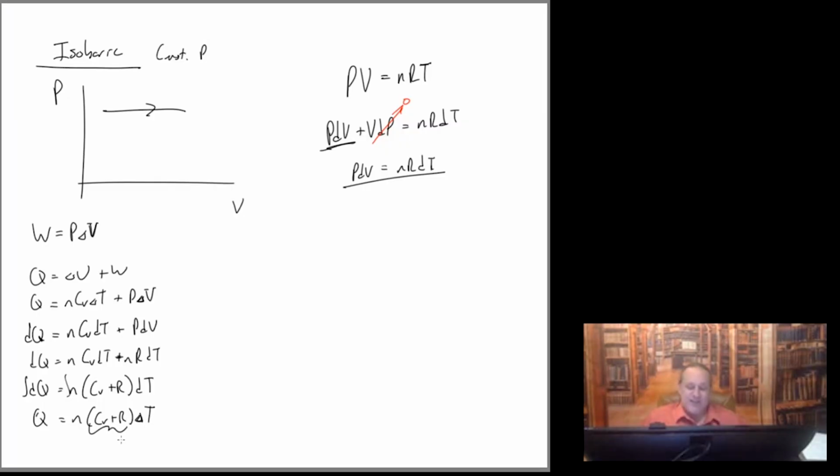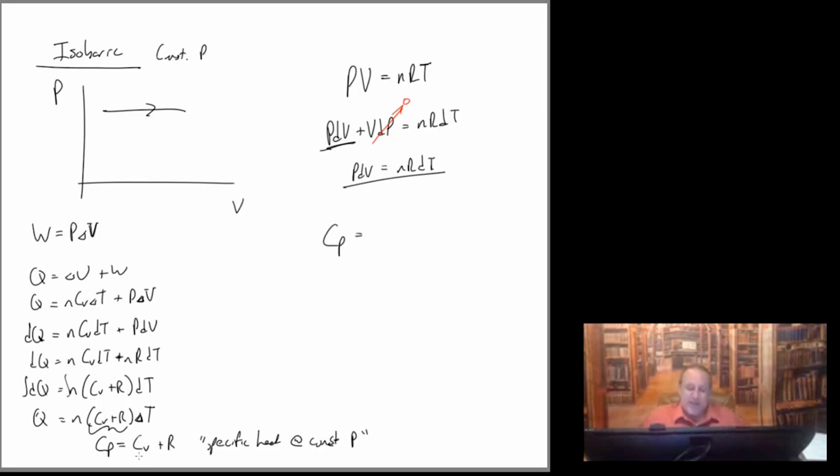So this constant, CV plus R, we can relabel it and call it CP. That means the specific heat at constant pressure, and it's equal to the specific heat at constant volume plus R. In fact, we can write it for our equation sheet, CP.